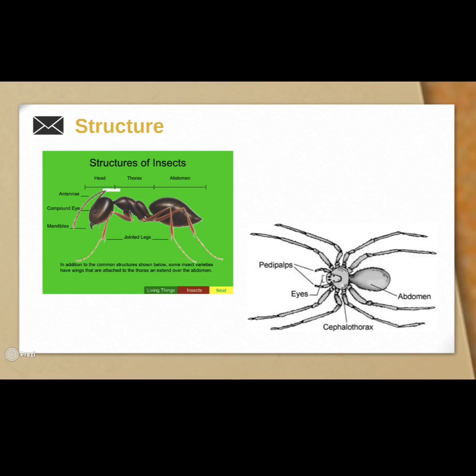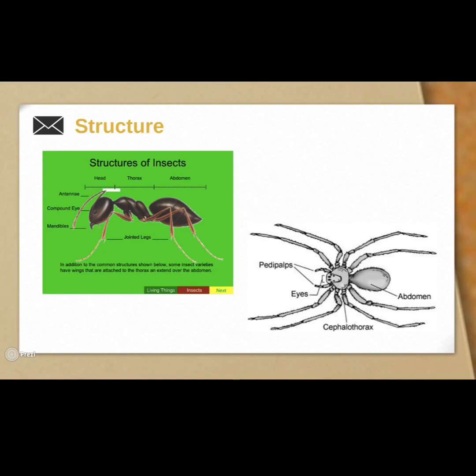According to the structure, insects, spiders, millipedes, and crustaceans have a segmented body and a hard exoskeleton. The hardness of the exoskeleton varies from animal to animal. In these pictures, you can see two types of animals that have different body parts.